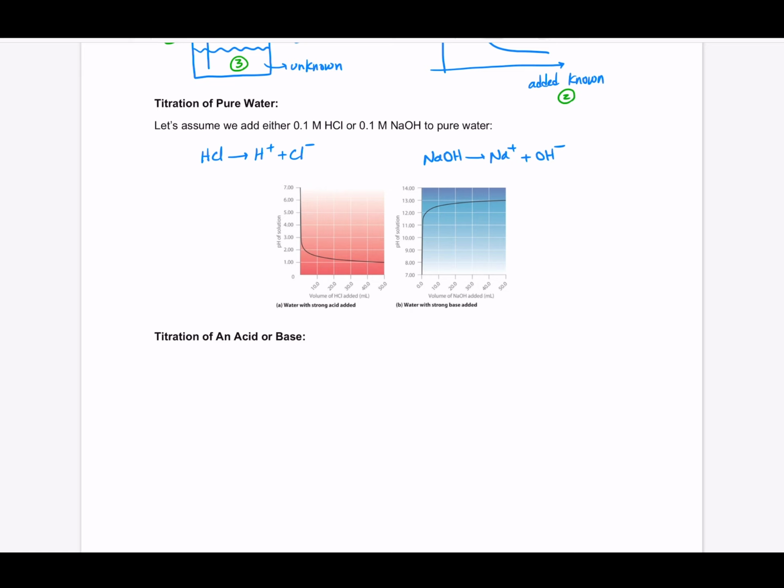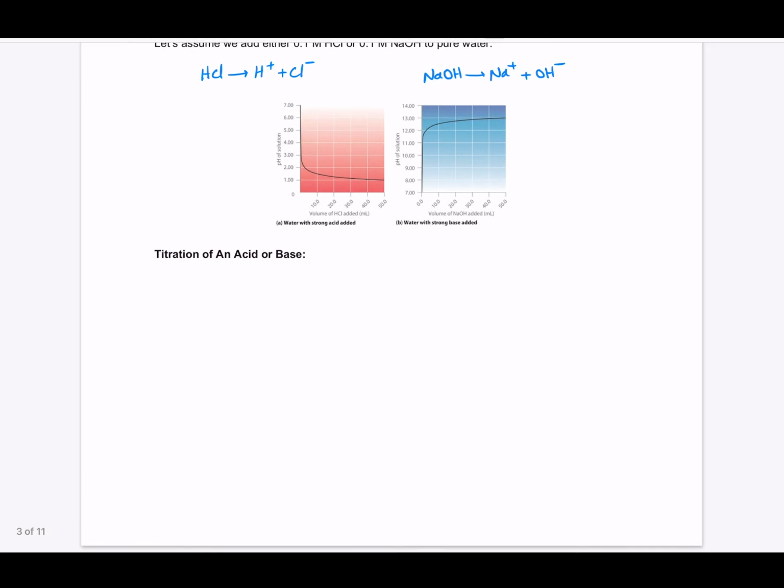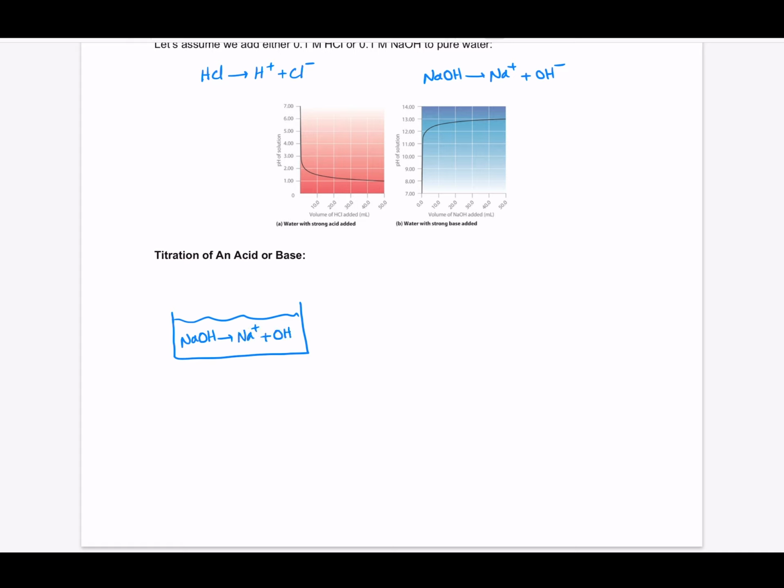So now let's assume we're adding acid as a known to a base as an unknown. So what we have here, assume we have a bath of sodium hydroxide. We know sodium hydroxide fully dissociates to sodium and hydroxide.